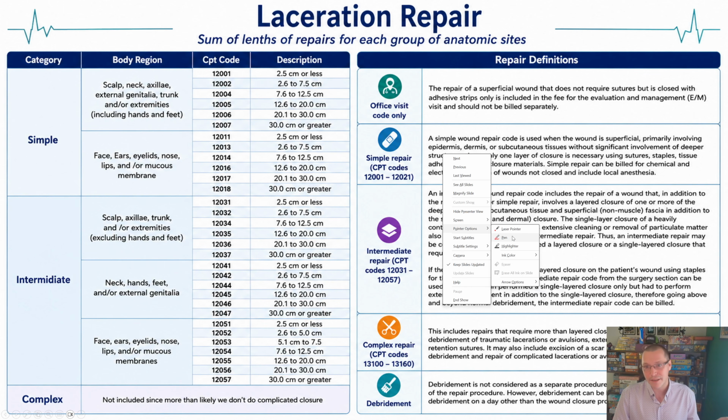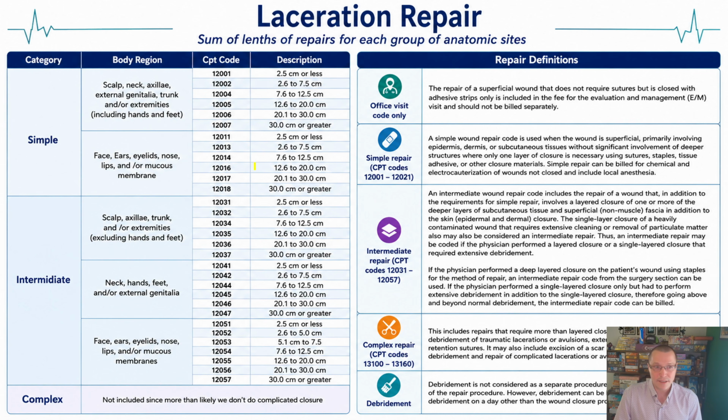First, we're going to start out with lacerations because lacerations are by far the easiest one where we're all aware of the regions, but there are weird caveats that should be explained on it. As you can see, simple and intermediate and complex have their own separate versions of locations. That's broken down by just two regions when it comes to simple, and then intermediate breaks it down into three separate regions.